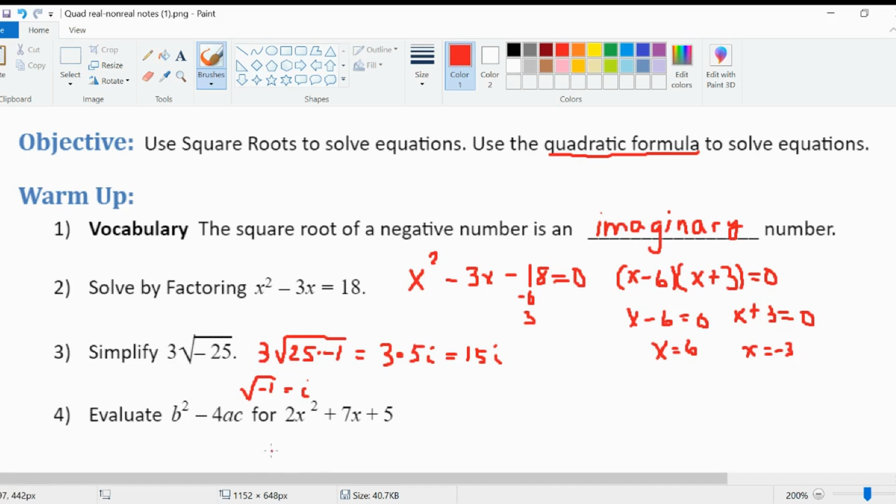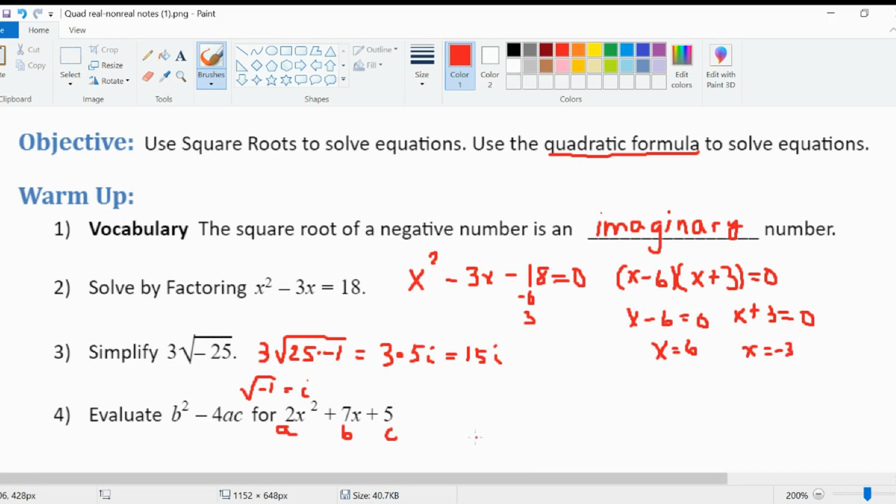So number 4, we're going to evaluate b squared minus 4ac for 2x squared plus 7x plus 5. We have a quadratic that's in standard form. The x squared term represents our a, the x term represents our b, and the constant term is our c. So the coefficient of x squared is representing your a value, then bx plus c.